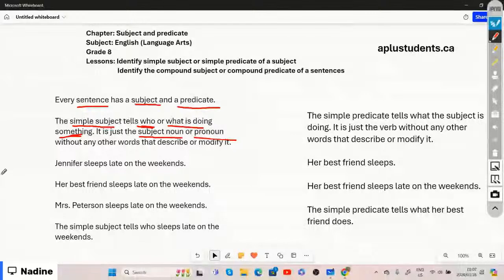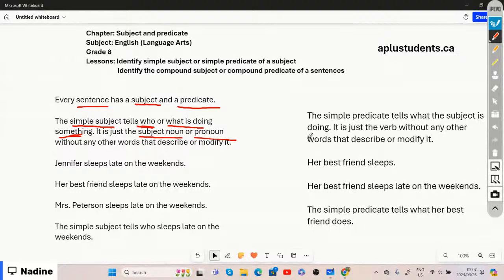For example, Jennifer sleeps late on weekends. Her best friend sleeps late on weekends. Miss Peterson sleeps late on weekends.